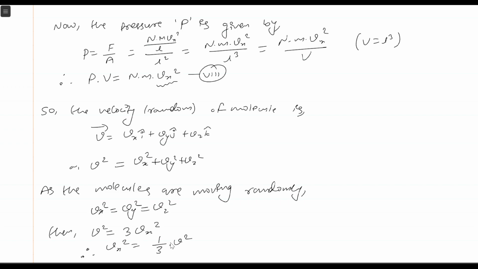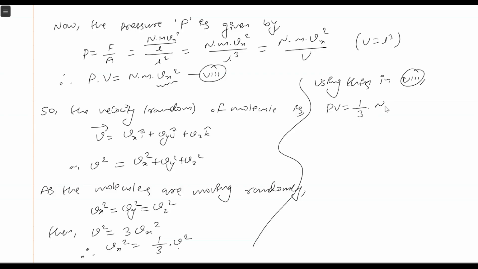Now let's use this Vx square in equation number 8. Then what do we get? PV is equal to 1 by 3 into n into m into V square.